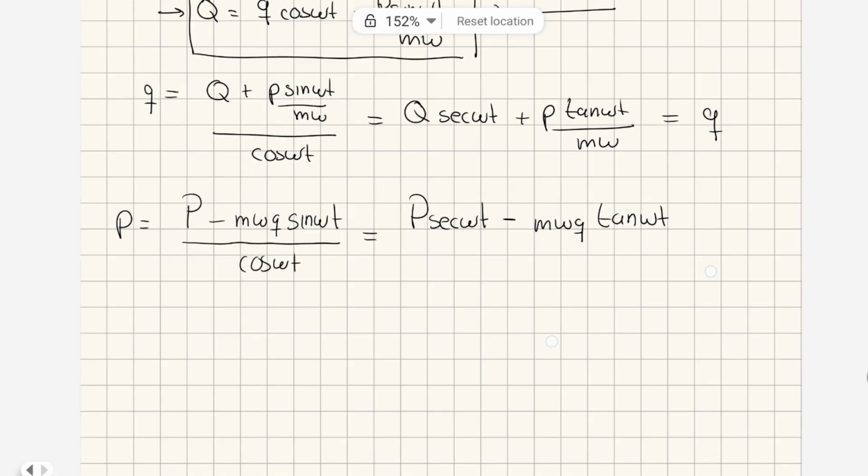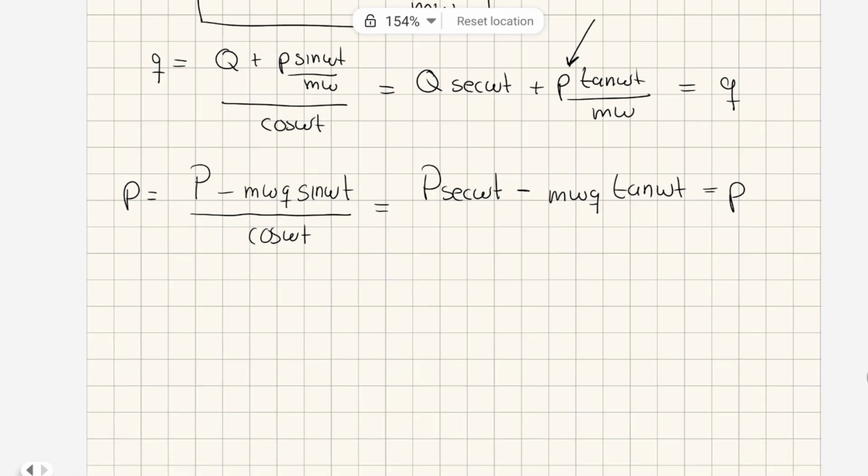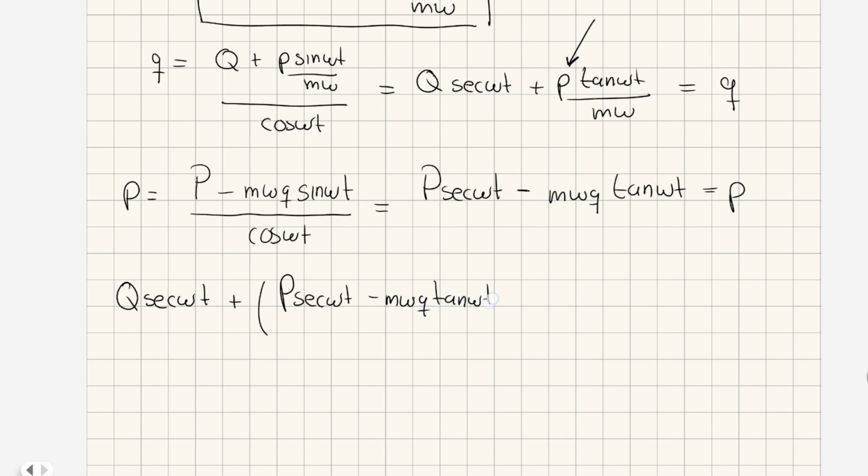Perfect. So we now have p in terms of this. So we are going to take this into this little p that we have here to solve for q. And then we are going to get Q secant omega t plus P secant omega t minus m omega q tangent omega t. That is going to multiply tangent omega t divided by m omega. Again, this is going to be equal to q.